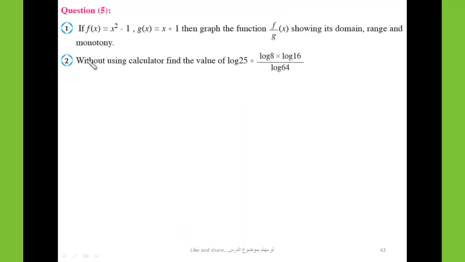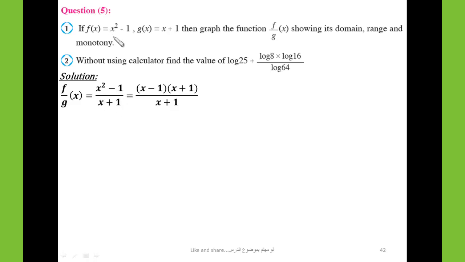Question 5. If f of x equals x squared minus 1, g of x equals x plus 1, then graph the function f over g of x showing its domain, the range, and its monotony. Solution: f over g of x equals f of x, which equals x squared minus 1, over g, which equals x plus 1.